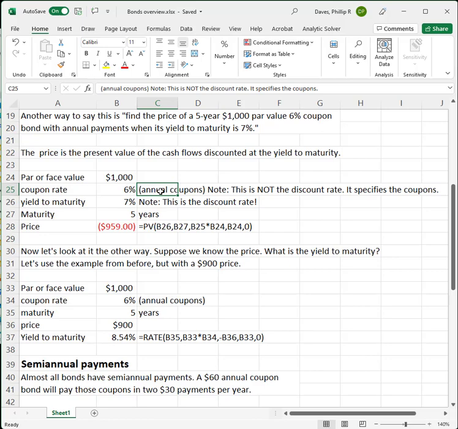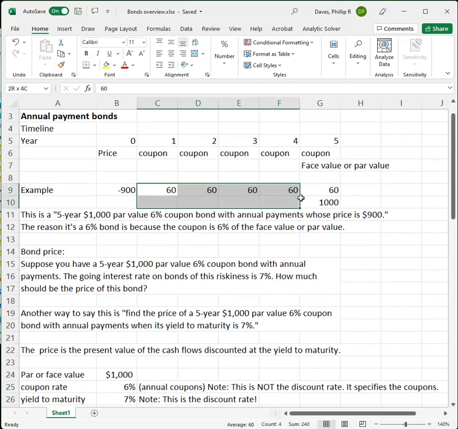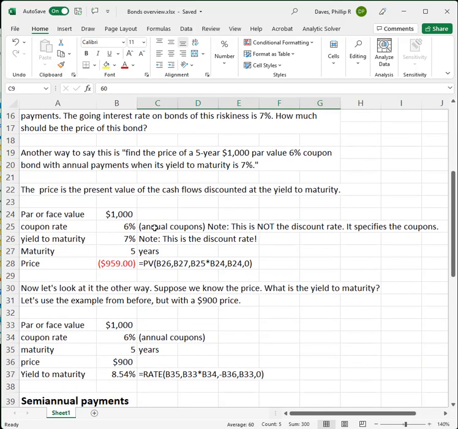The coupon rate is the rate that's set in stone that tells you what the size of the coupons are. So this bond contract is 60, 60, 60, 60, 60, and then 1,000 at the end. That 6% represents these 60s. The discount rate, on the other hand, which is also called the yield to maturity for a bond, that's a different number.